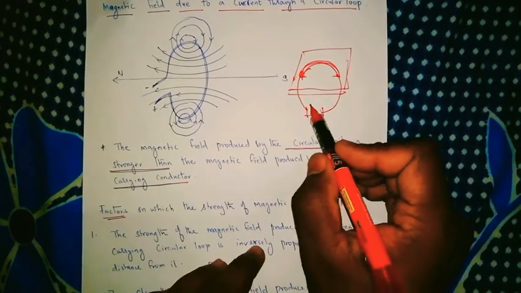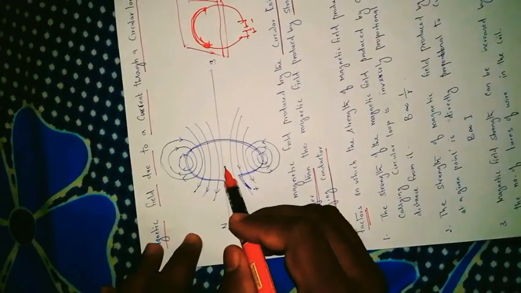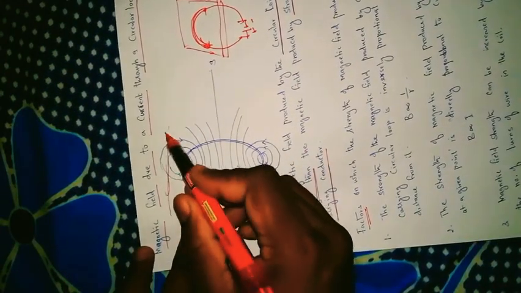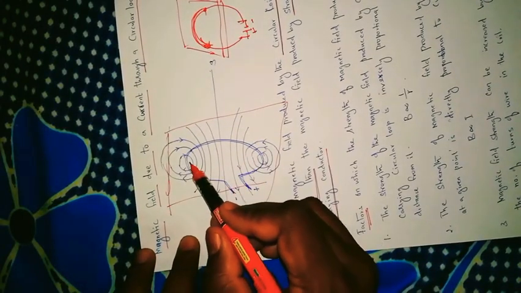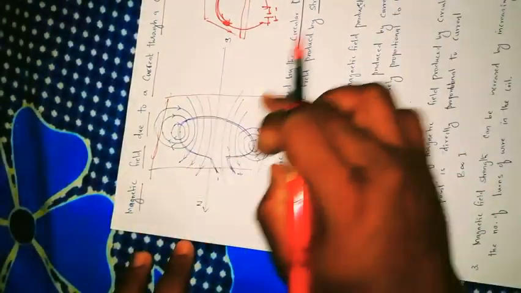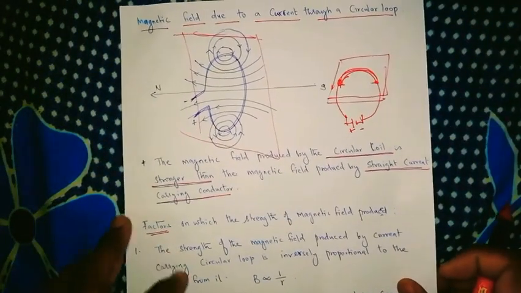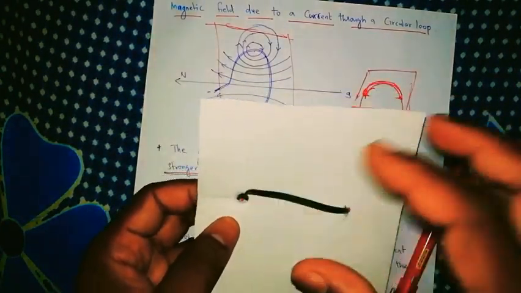Take an example like this. Think that I just want to keep it like this, and this is the cardboard. You think in that way, and it is connected like this, and in two places you can see a loop will be formed. Okay, I'll show you another way. You can see an example like this. This is a cardboard.